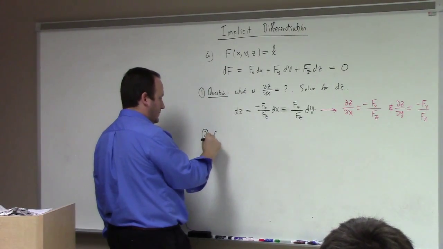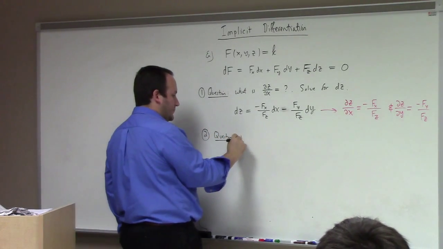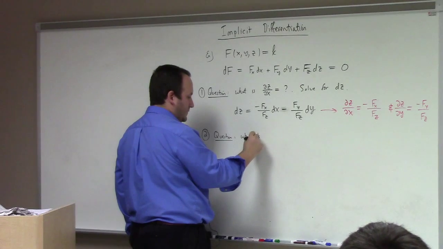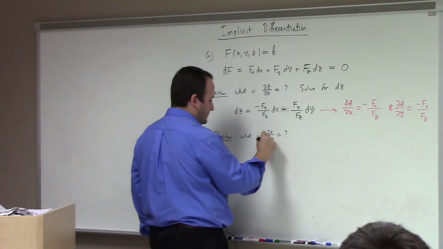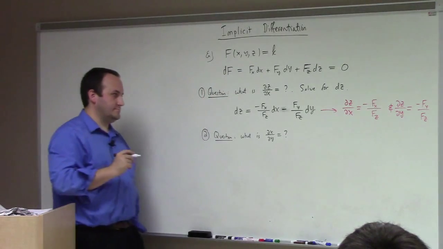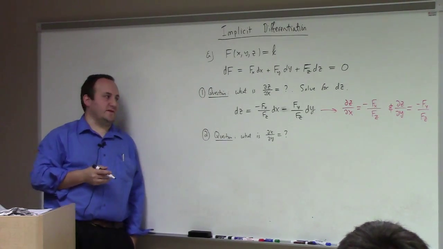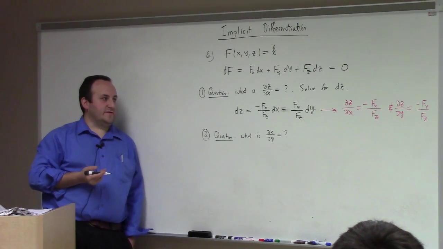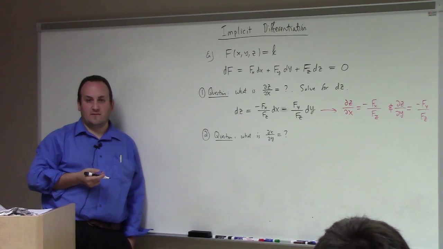What's my second question? What is partial x, partial y equal to? Let me emphasize what's going on here. In my first question, z is the dependent variable, and x and y are independent.